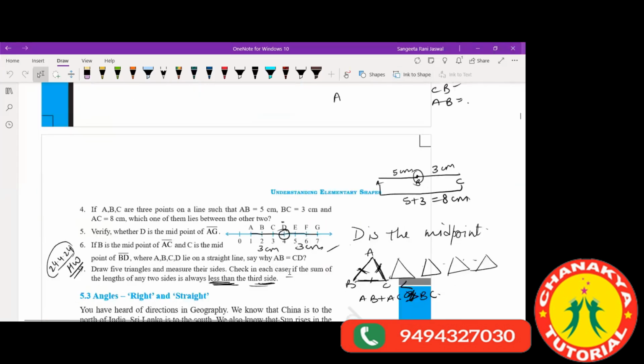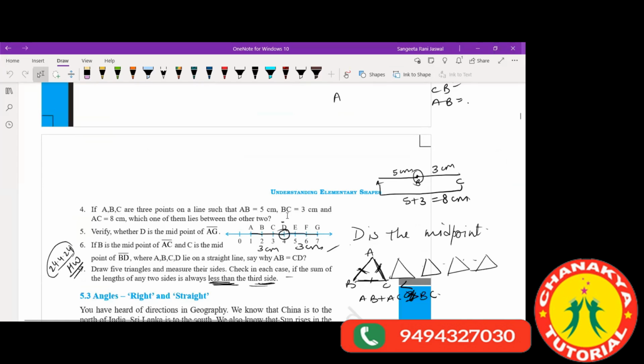Then we had questions like this. If A, B, C are 3 points on a line such that AB is equal to 5 centimeter, BC is 3, AC is 8 centimeter, which one of them lies between the other two? A, B, C are 3 points on a line. AB is given 5, BC is 3.